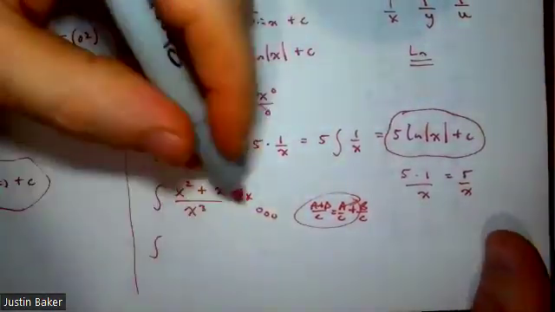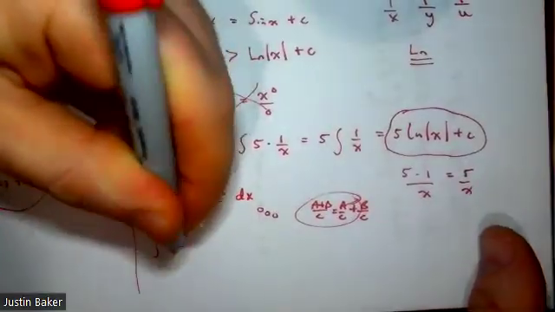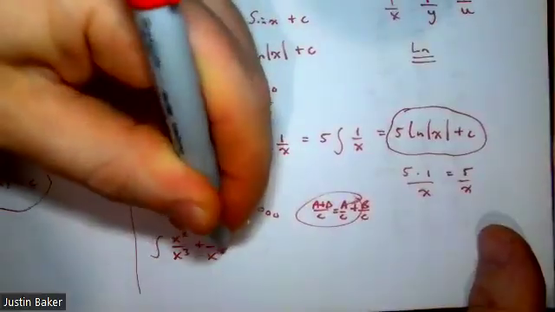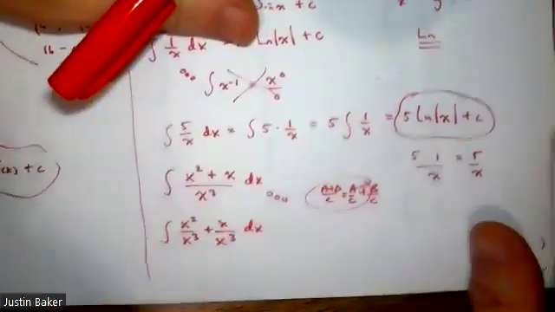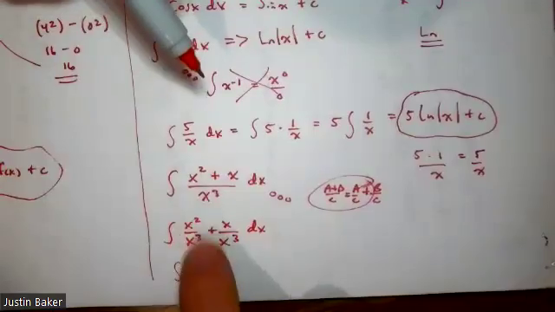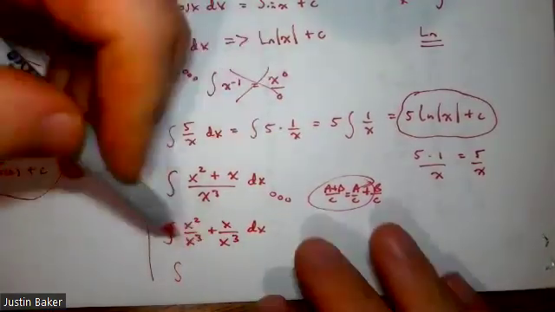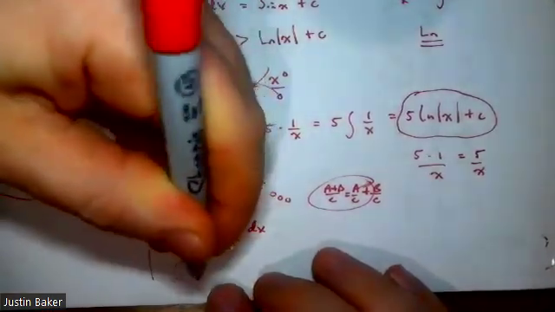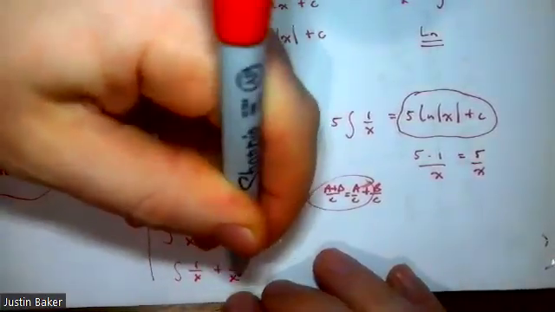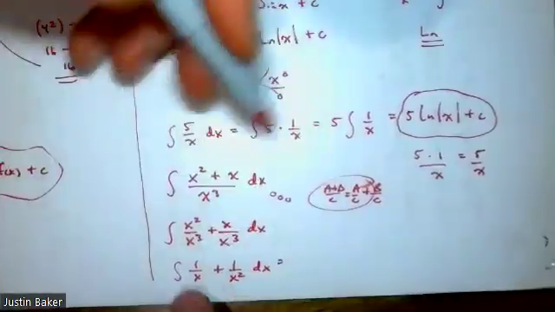So you want to be thinking of this as x squared over x to the third plus x over x to the third. And then we're going to simplify each piece. If you have 2 x's on the top and 3 on the bottom, to do some canceling, that's really just 1 over x. And on this side, this would be 1 over x squared.